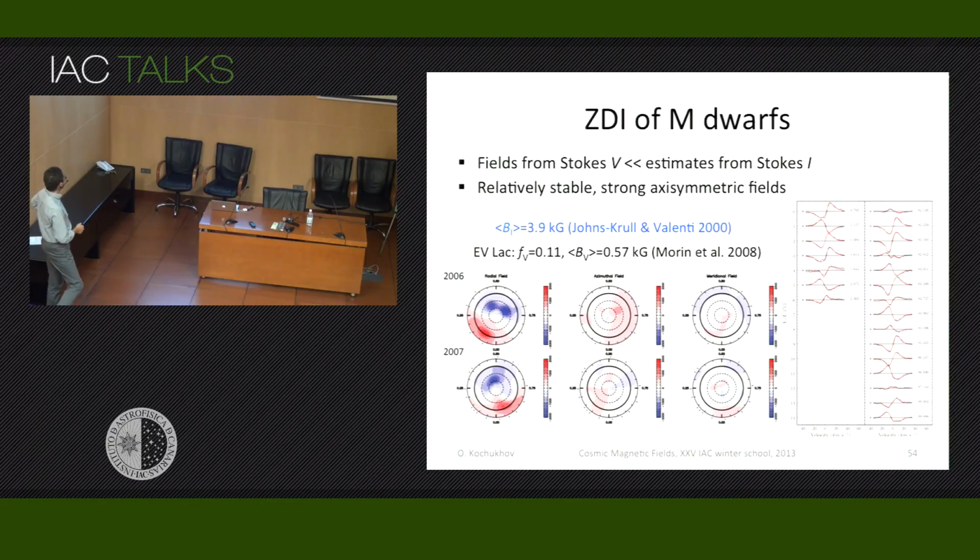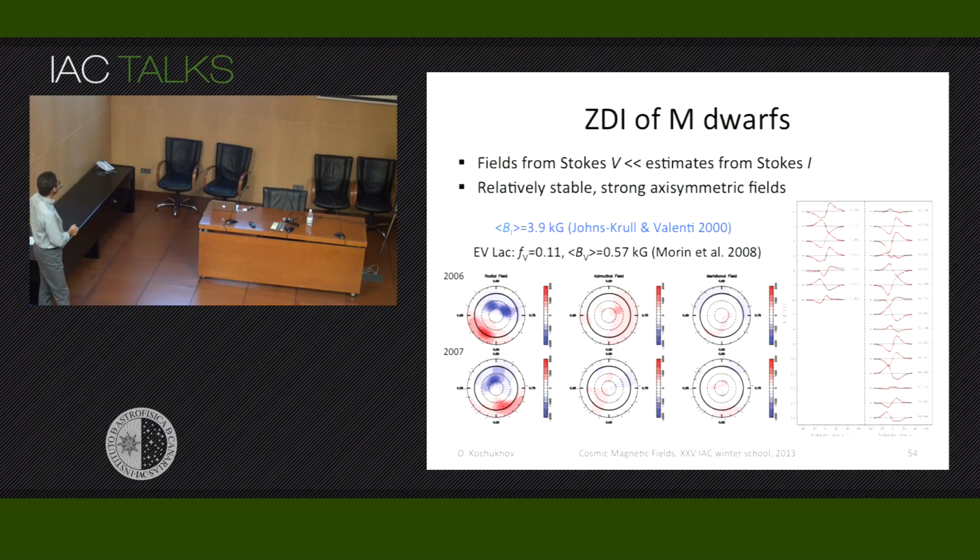But there is a little problem. These authors need to reproduce Stokes V spectra, and they also need an additional filling factor. So this 2 kilogauss field, they also multiply by some filling factor. Don't ask me what this means physically.